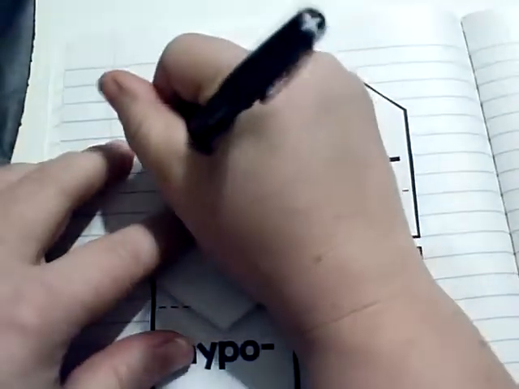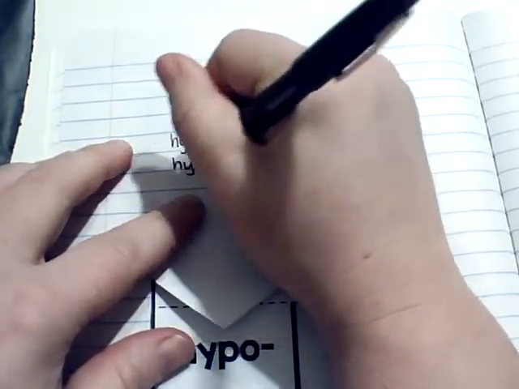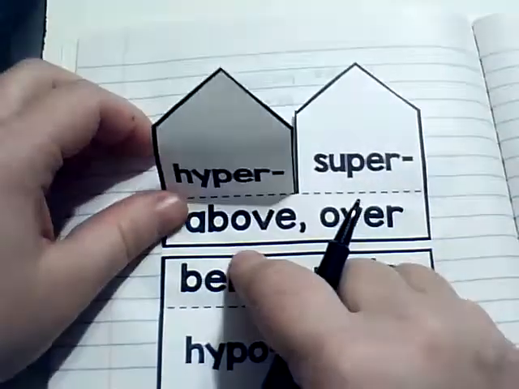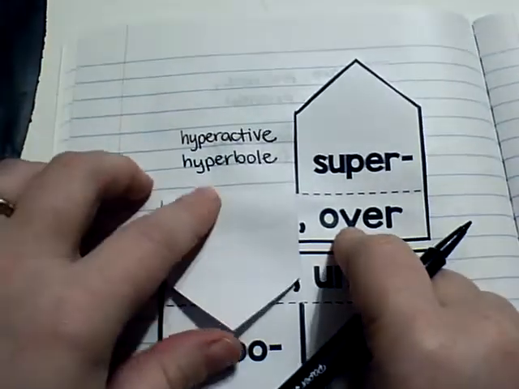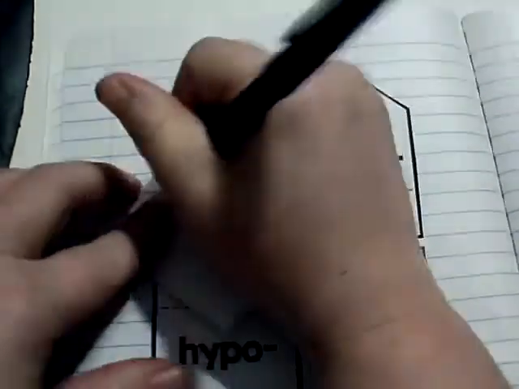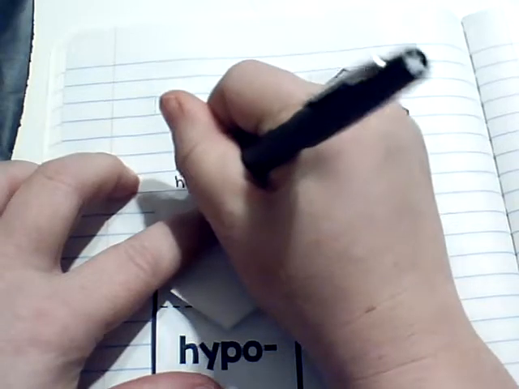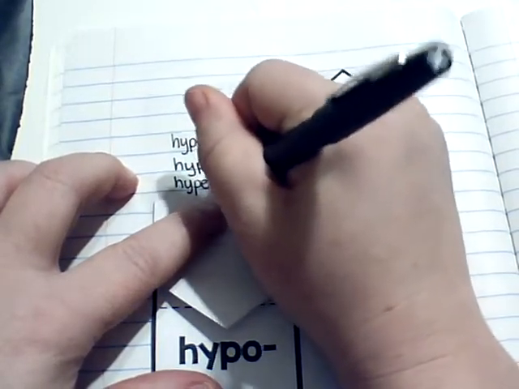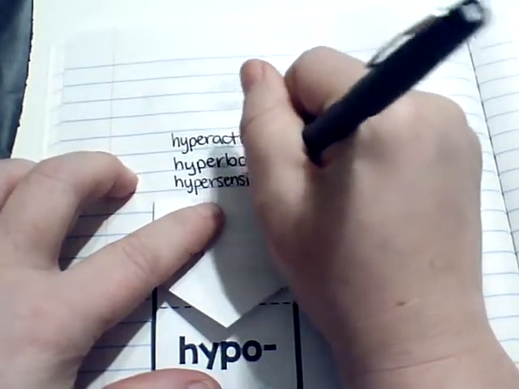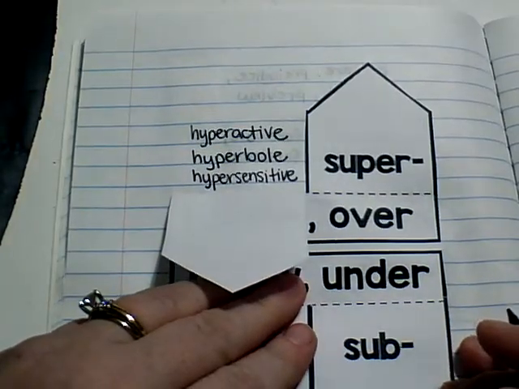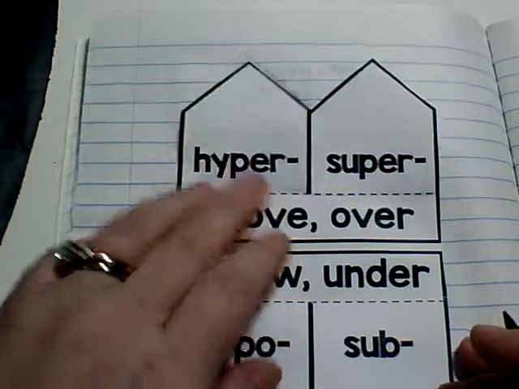We also have hyperbole, which is our figurative language for exaggeration. So you are over exaggerating on something. And then we have hypersensitive, which means somebody would be overly sensitive. And that could be their emotions or just how their body feels.